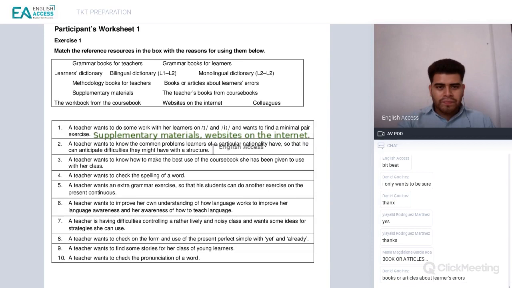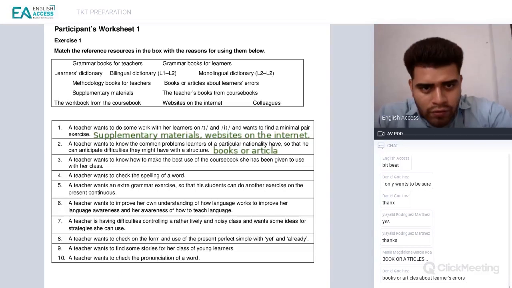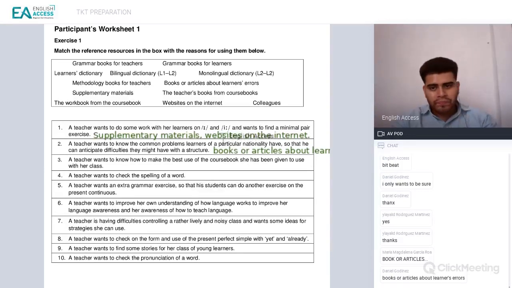Very good, very good. Books or articles about learners' errors. Very good.